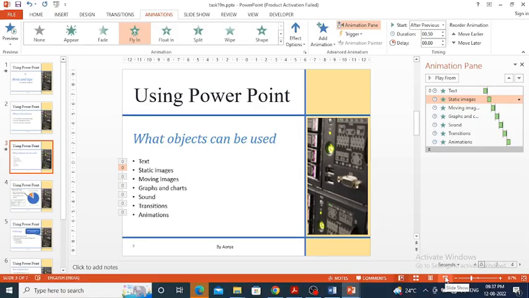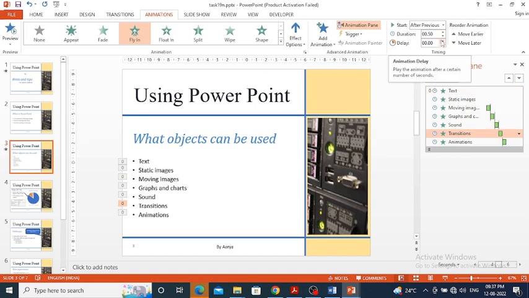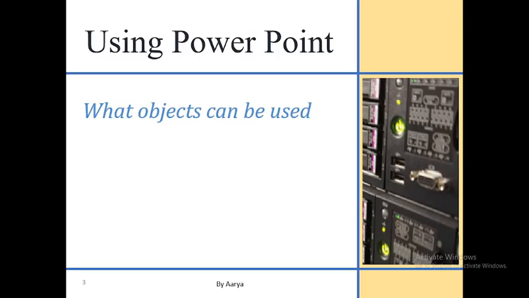If I want to add delay, how can I add it? Here is a static image. Here I am going to apply a delay of 1 second. And for transition I am going to apply a delay of 1 second. Now we'll check the effect. Here displayed, here fast displayed.